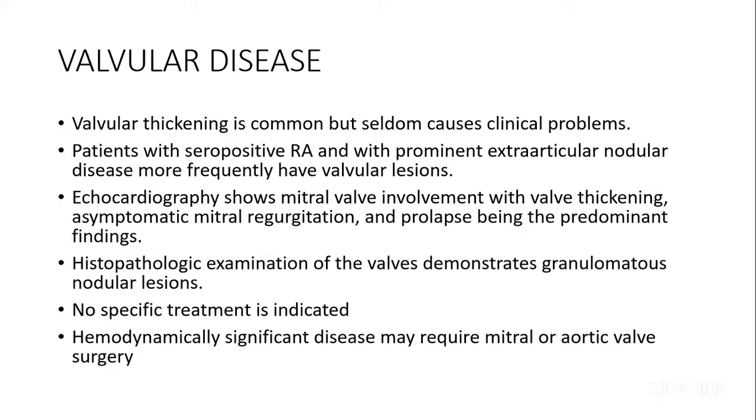And mitral valve is the commonest valve that is affected. And what you see most of the time is asymptomatic mitral regurgitation. And you can also see mitral prolapse. But like I said, they are mostly not significant, not major regurgitation, and no specific treatment is actually needed.